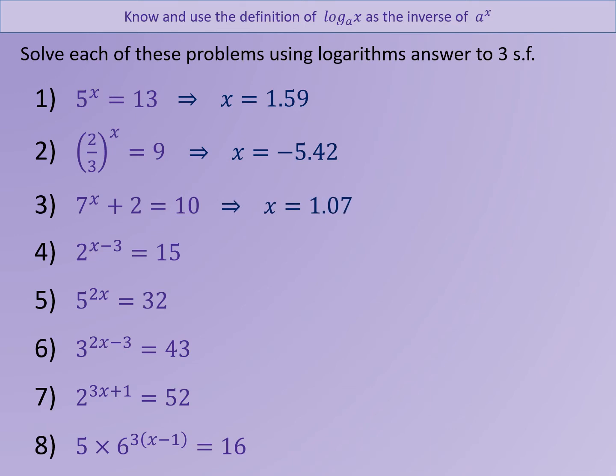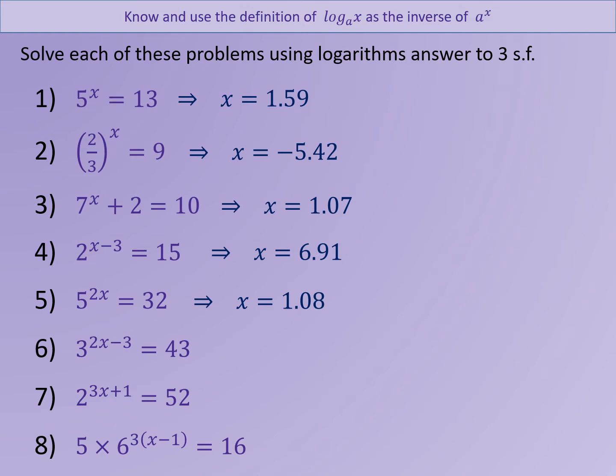Similarly, with number 4, we can rewrite this as log to base 2 of 15 equals x minus 3. And then once we've got our value for the left-hand side, we just add 3 on to our answer and we get 6.91. Number 5, log to base 5 of 32 will equal 2x, and then divide both sides by 2 to get x, which will give us 1.08.